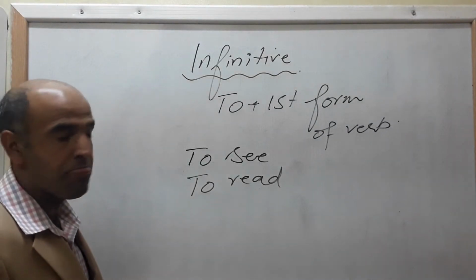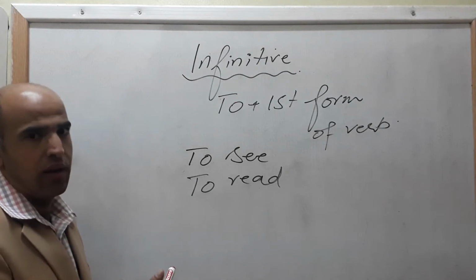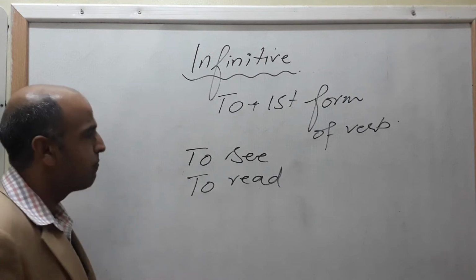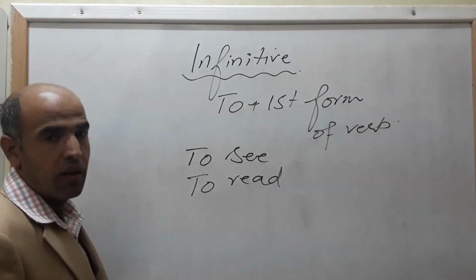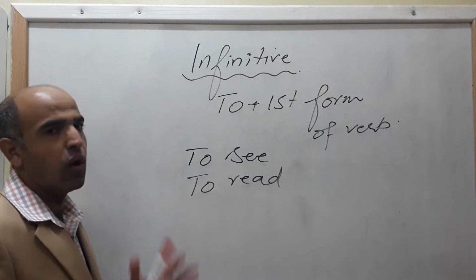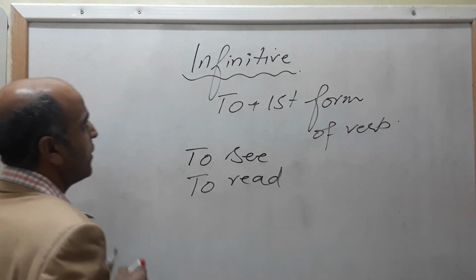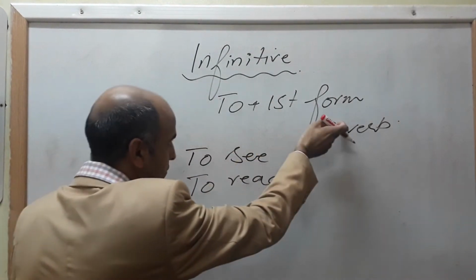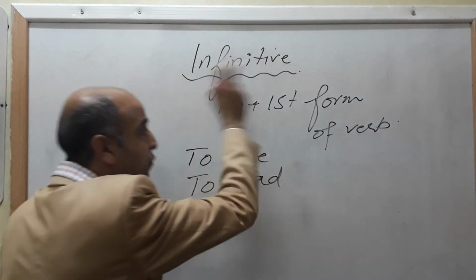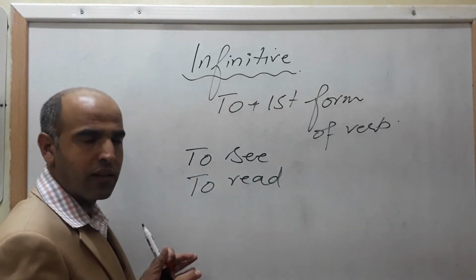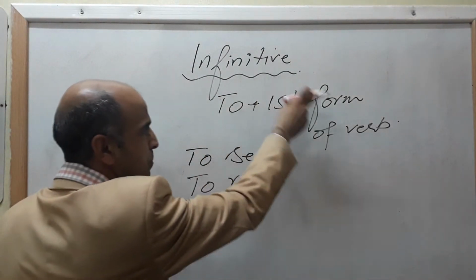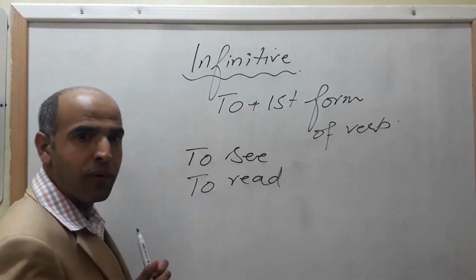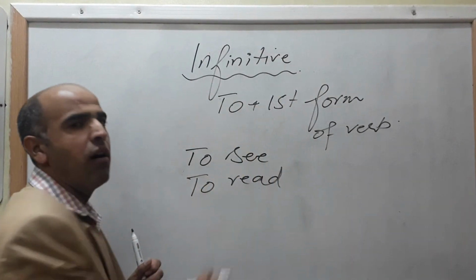They are made out of verb, but they do not function entirely as a verb in a sentence. Now the question is, if they don't work as a verb in a sentence, then what do they do? Infinitive is to plus base form of verb, to plus lexical form of verb, to plus first form of verb, to plus present form of verb.